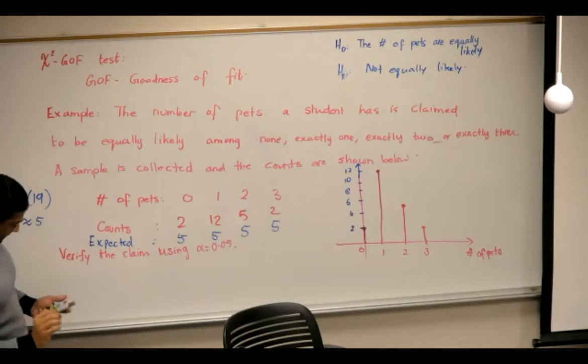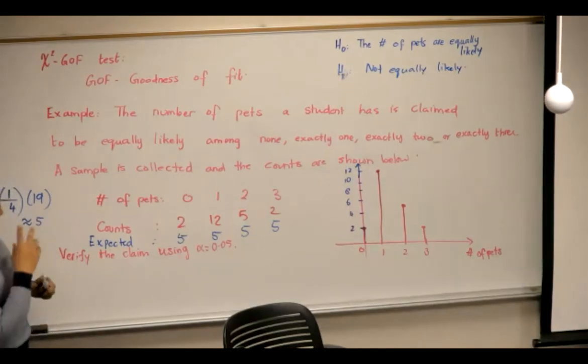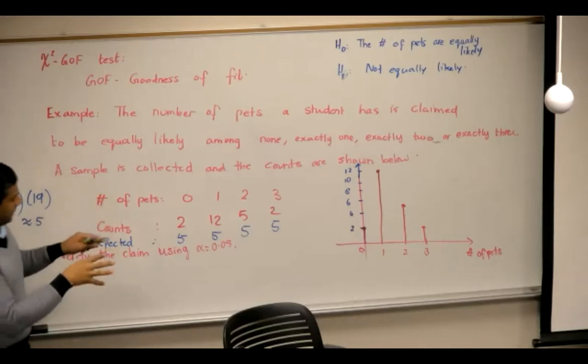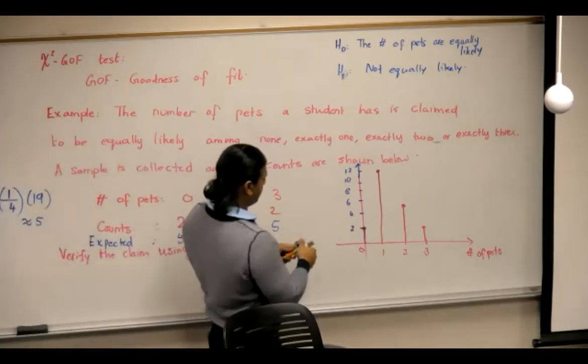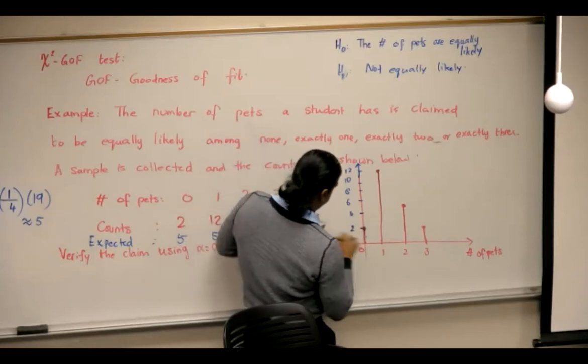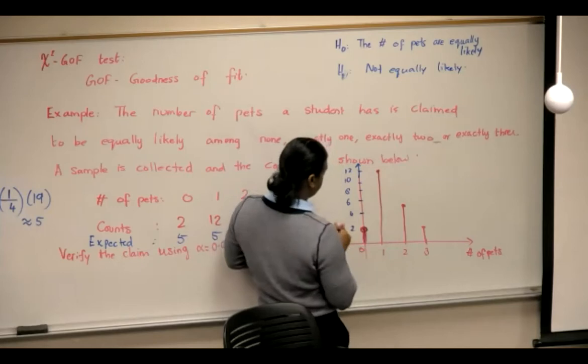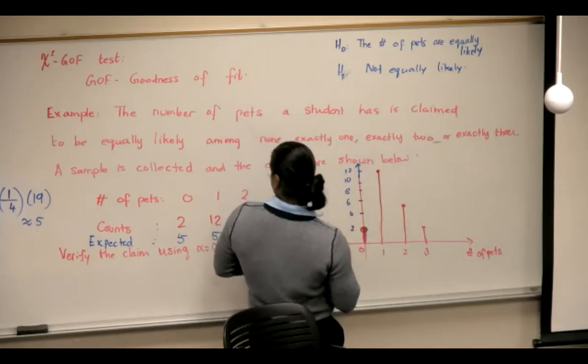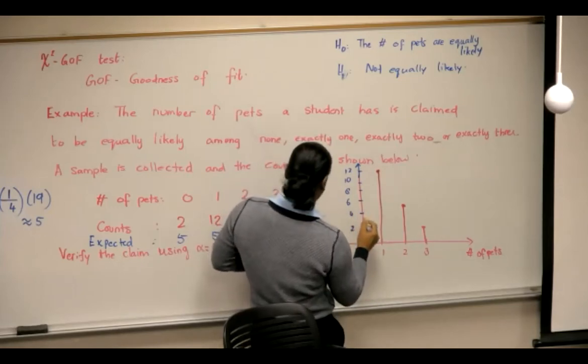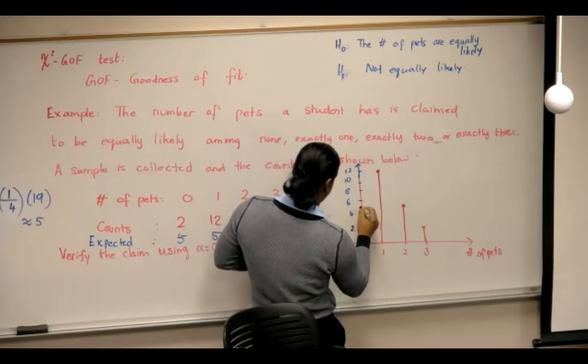I am going to draw the expected counts in blue. In red, I have the observed, the expected are in blue.